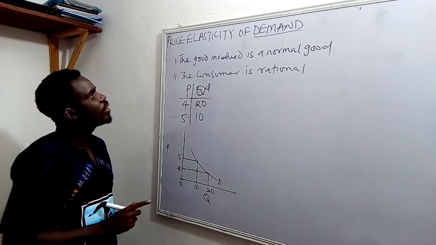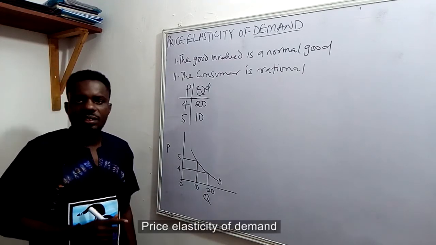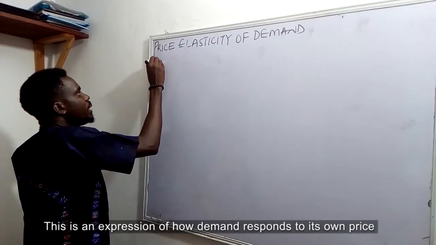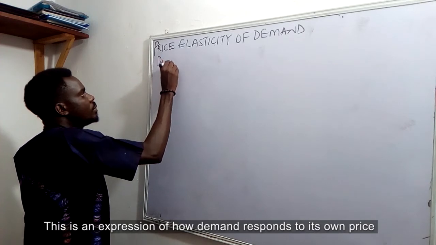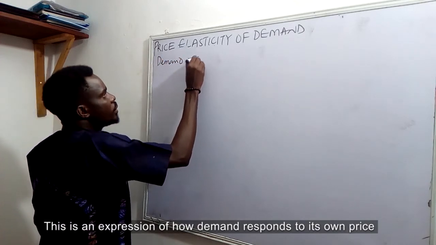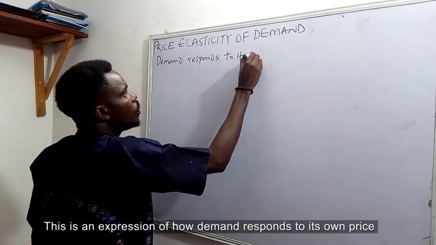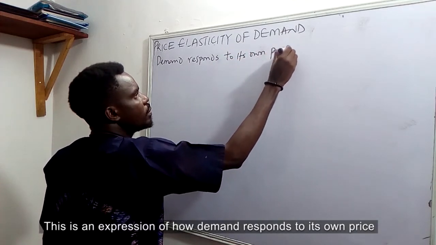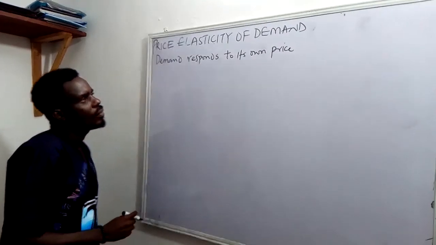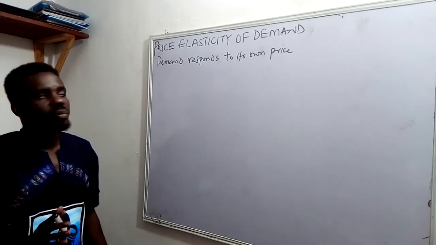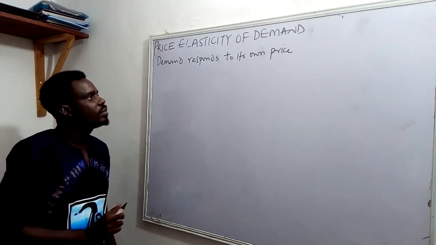Now let us examine the concept of price elasticity of demand. This is an expression of how demand responds to its own price. Now, there are various ways by which demand responds to its own price.